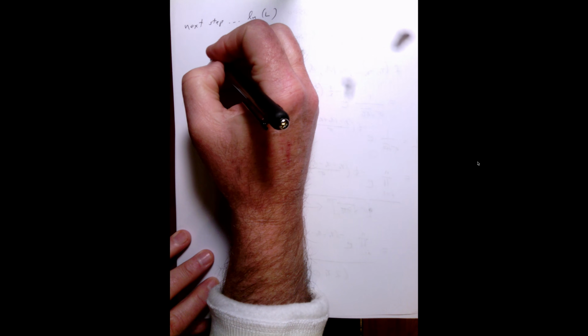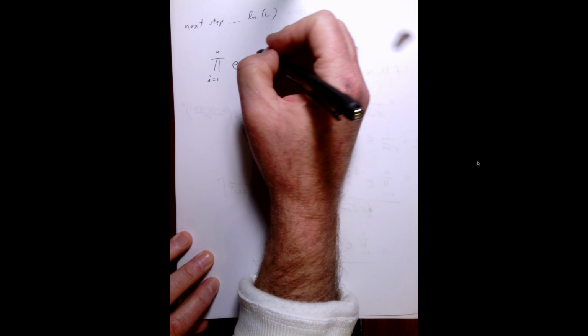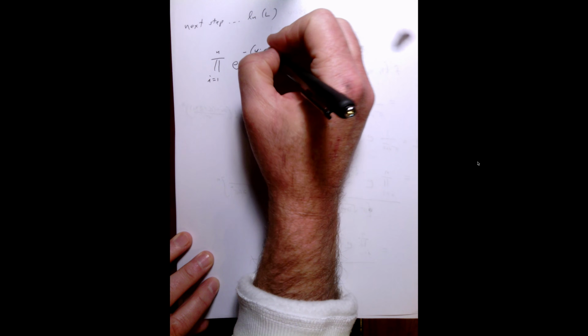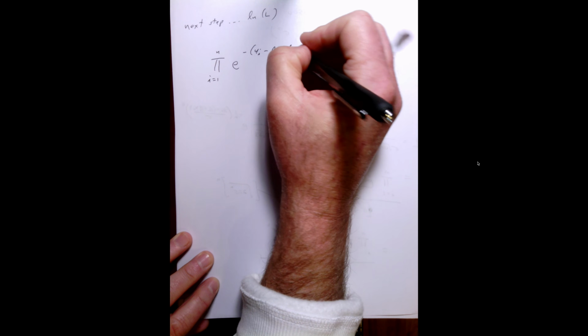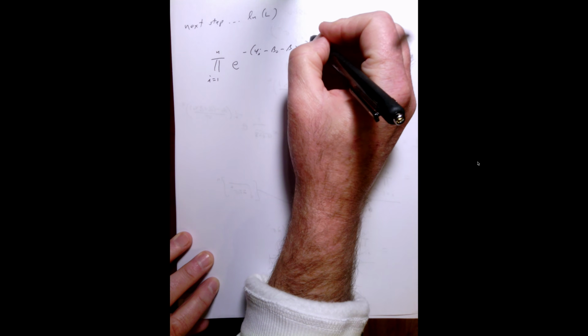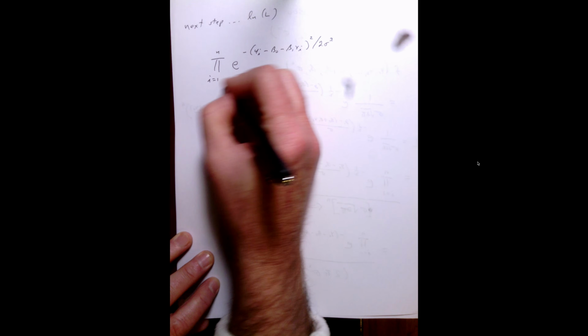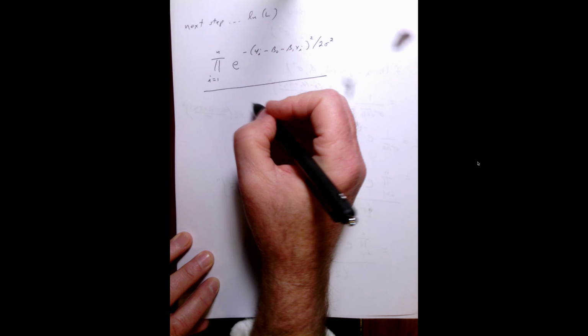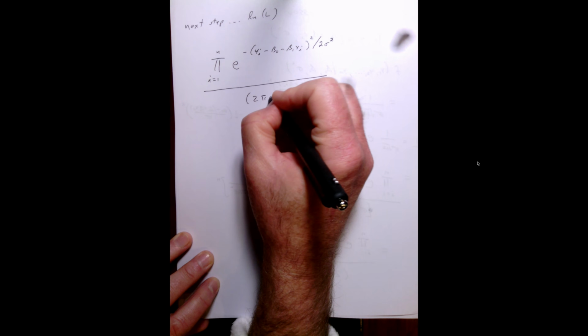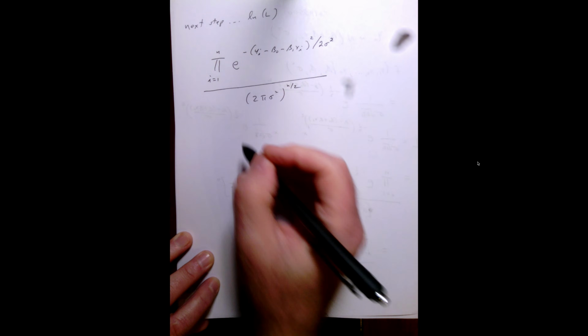All right. So next step, take the natural log. I'm going to have to write this over here to keep from going back. So we have the product i equals 1 to n e to the negative y sub i minus beta 0 minus beta 1 x sub i quantity squared over 2 sigma squared, all over 2 pi variance to the n over 2.